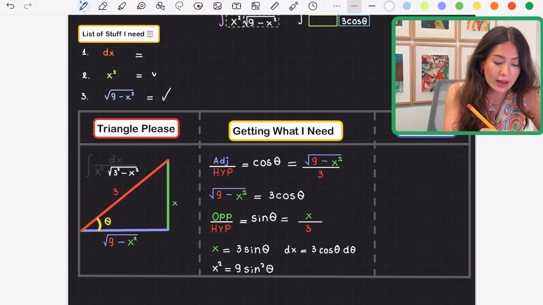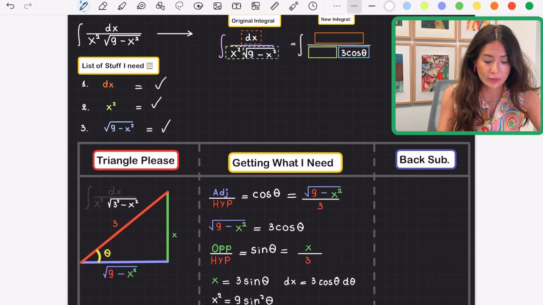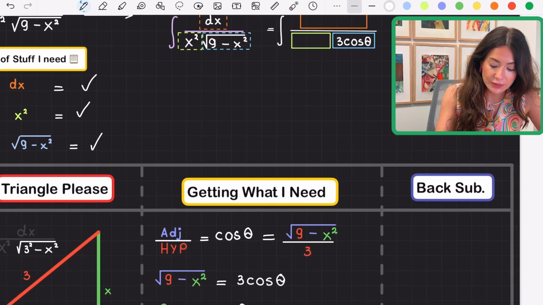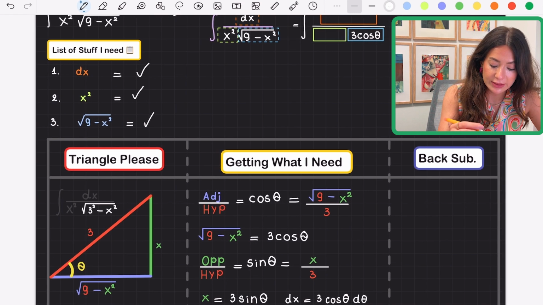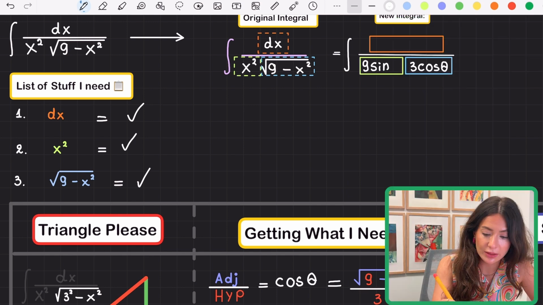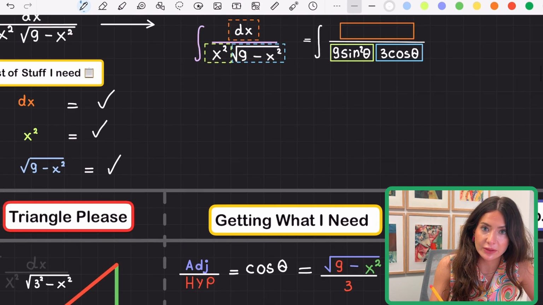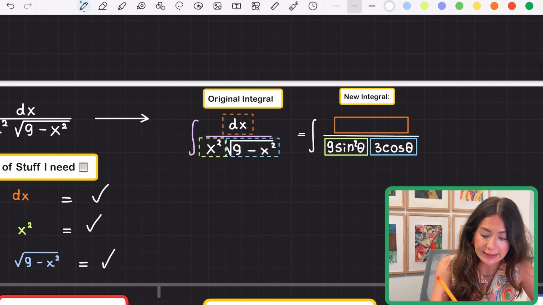Okay, so I got x squared and dx. So I already have my new integral. Do you see how useful the triangle was? So x squared, I'm going to write an expression for that. That was 9 sine square theta. And dx, instead of dx, I'm going to write 3 cosine theta d theta.